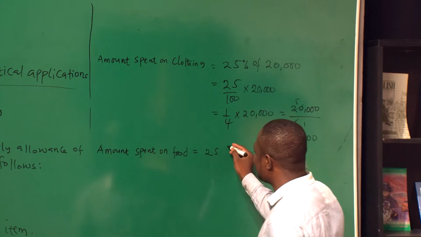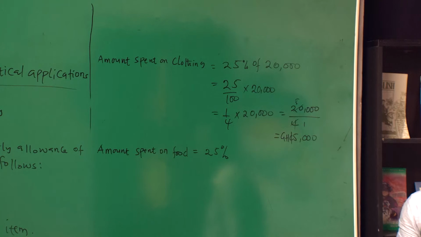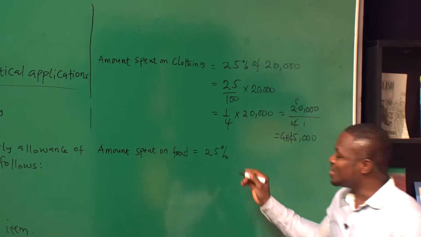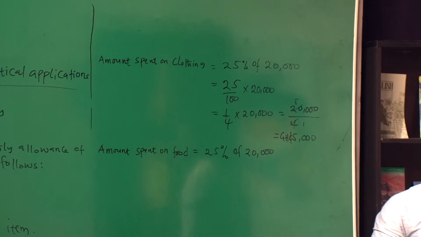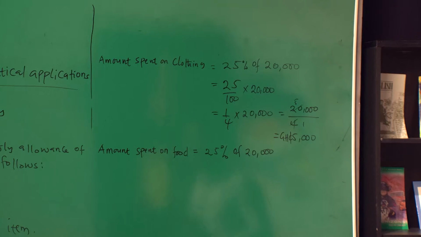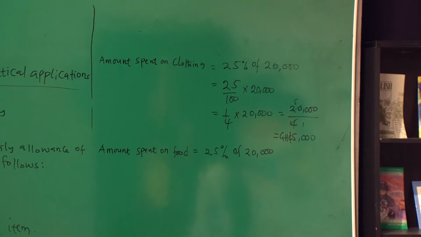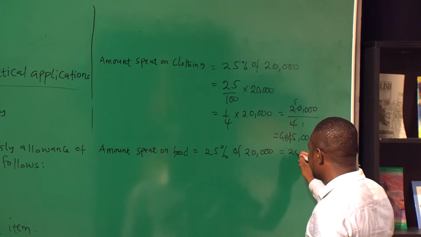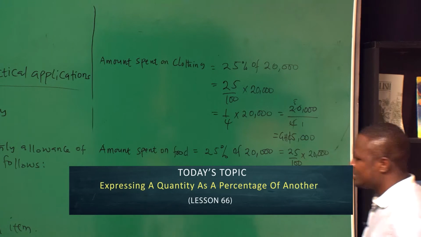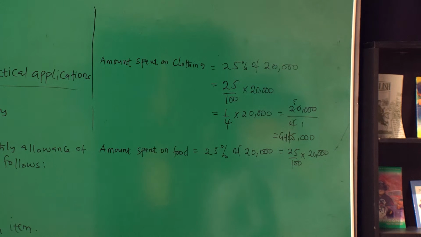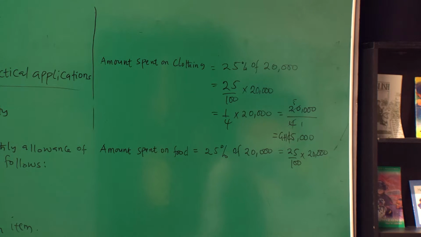So this gives us 25% of 20,000. Are you okay? So if you have 25% of 20,000, how do you express the 25%? 25/100 times 20,000. And what is the equivalent of 25/100 in the form of fraction? 1/4 times 20,000.